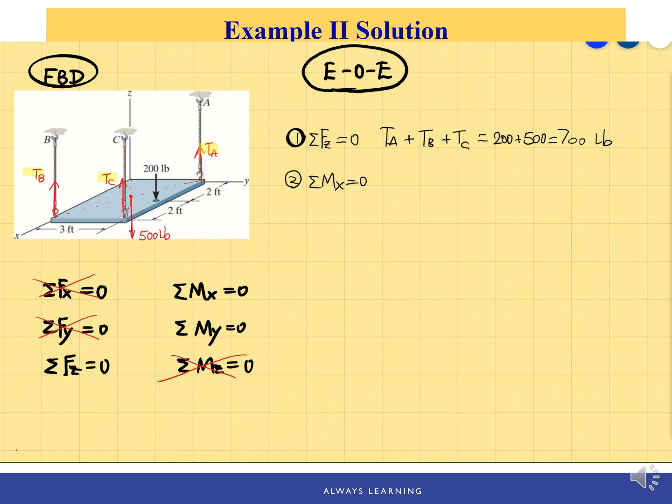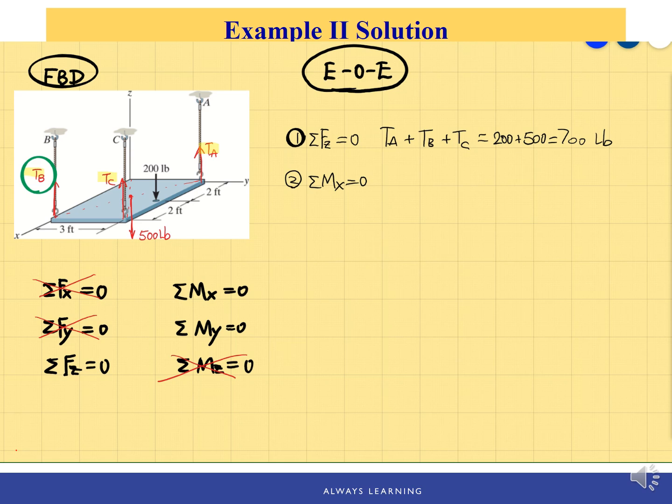First, we recognize TB, this force intercepts the x-axis, so there's no moment about the x-axis. And the rest of the forces all will cause moment about the x-axis. Since all the forces are directed in the z direction, we are looking for the distance between the z direction and x direction. So the distance must be along the y direction, because y is perpendicular to both x and z axis.